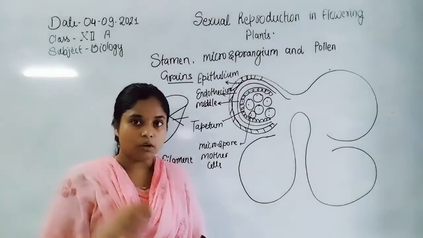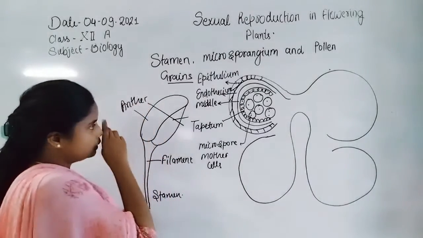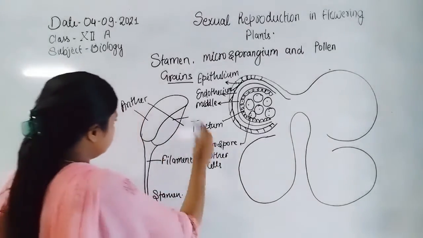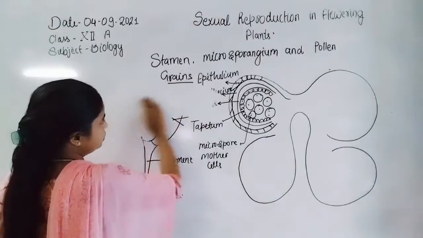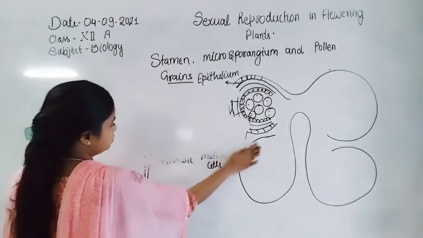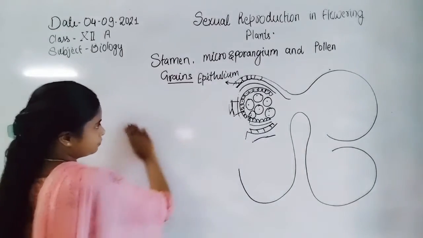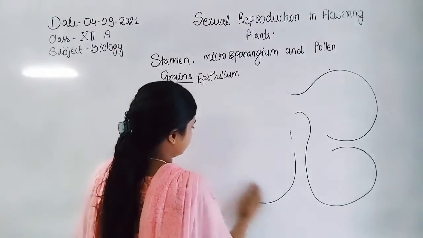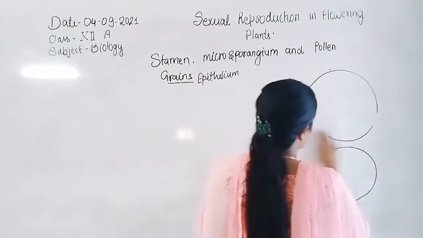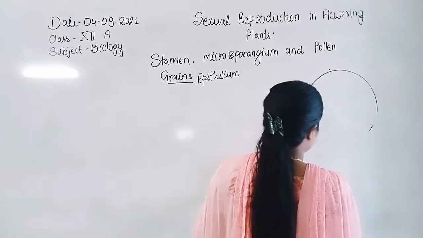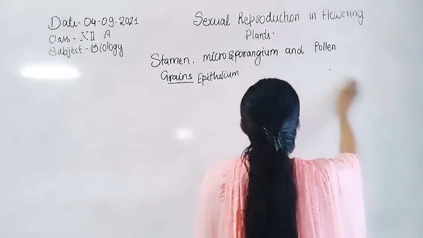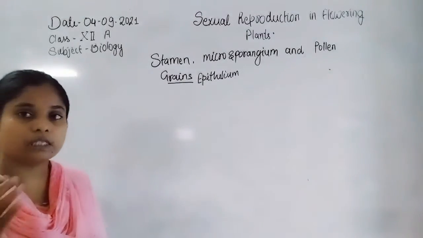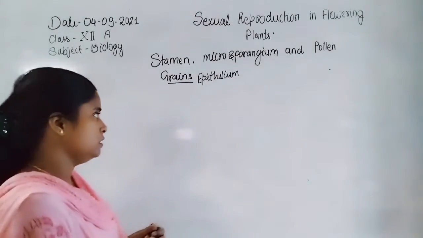So overall, if we talk about the different characteristics, they are shown by the structure. As we know, the microspore mother cell undergoes meiosis division to form pollen grains.